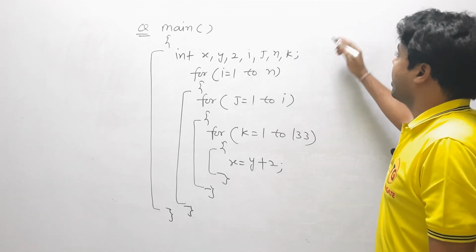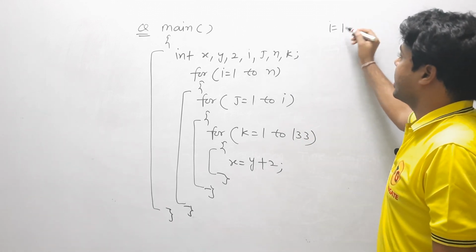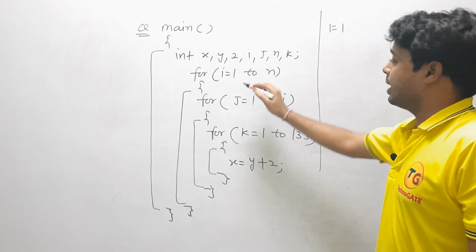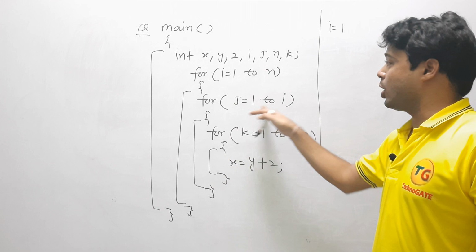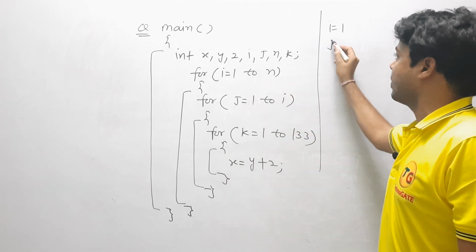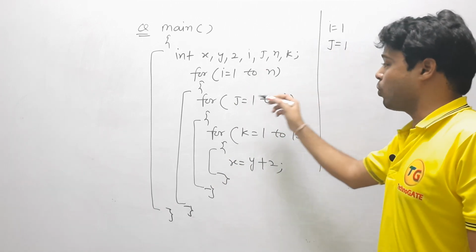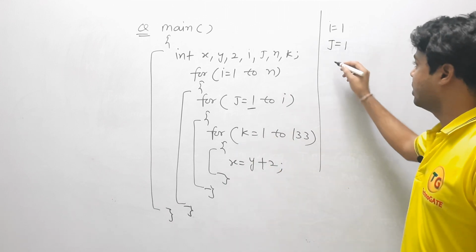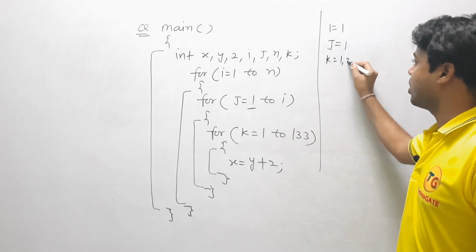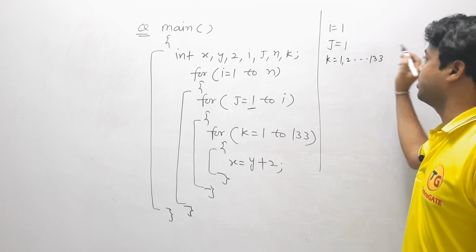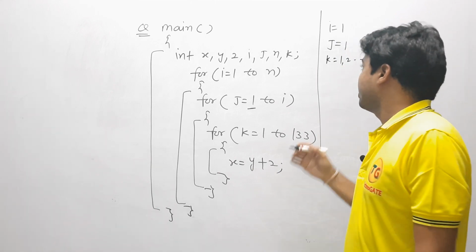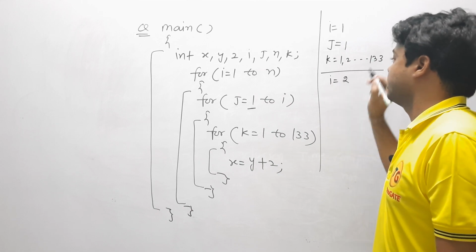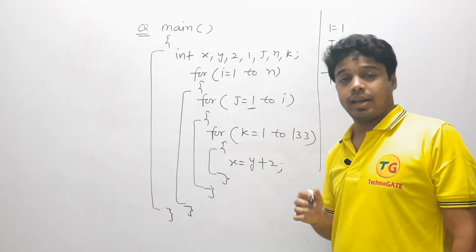Suppose i equals 1 here. Then j is 1 to i. So i is 1, so j will execute only one time here. And for every value of j, k runs 133 times, so k goes from 1 up to 133. Now i is 2, because i goes up to n.